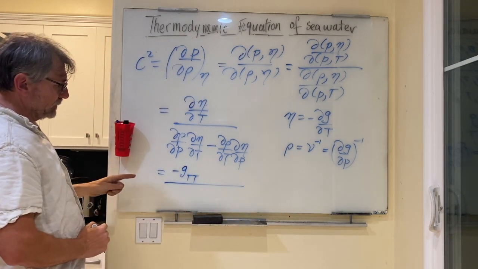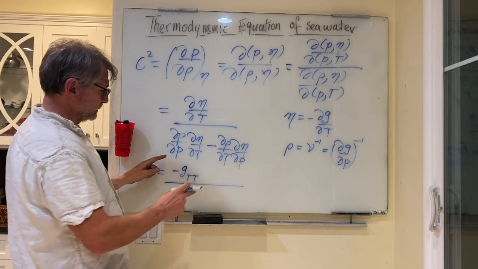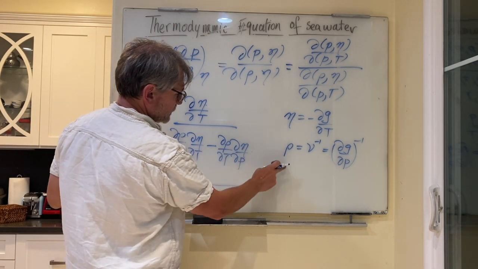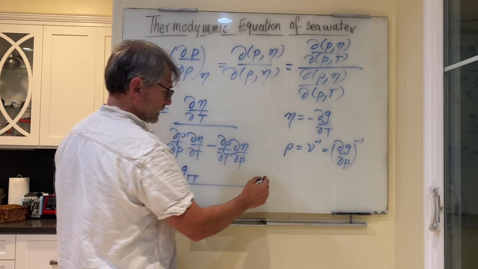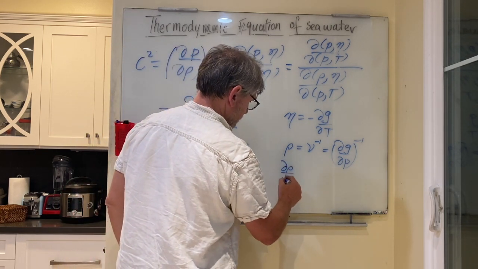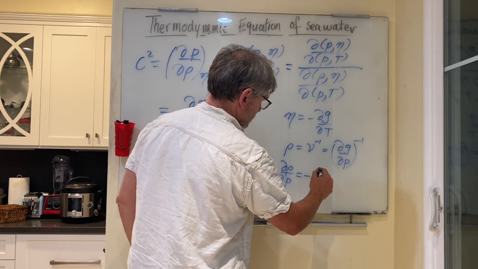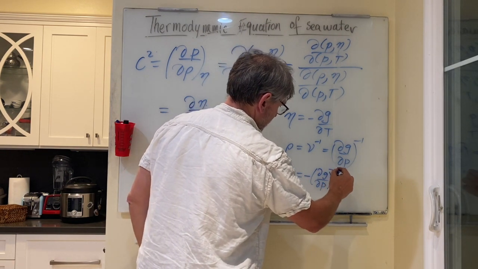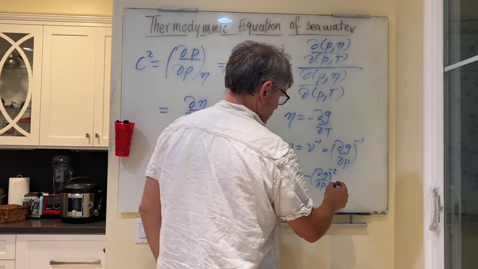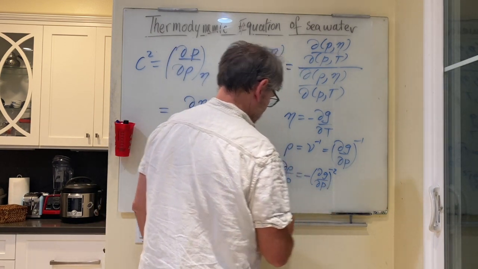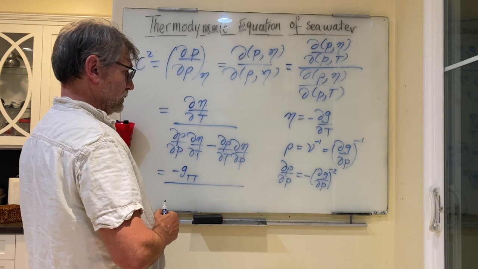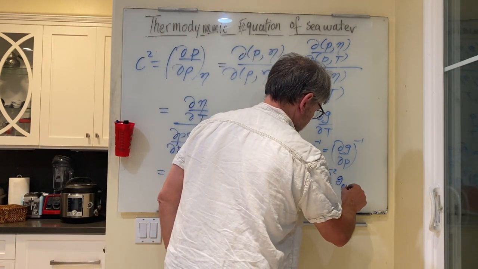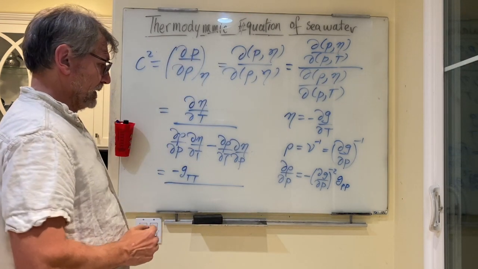In the denominator, d rho dp is going to be the derivative of this with respect to p. So let's calculate that. d rho dp is going to be minus dg dp to the minus 2 times the derivative of the inside, g pp. And that's the chain rule.